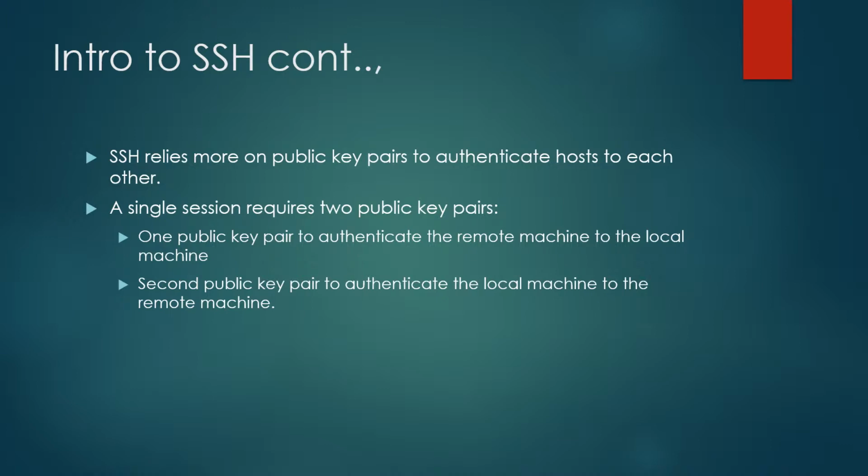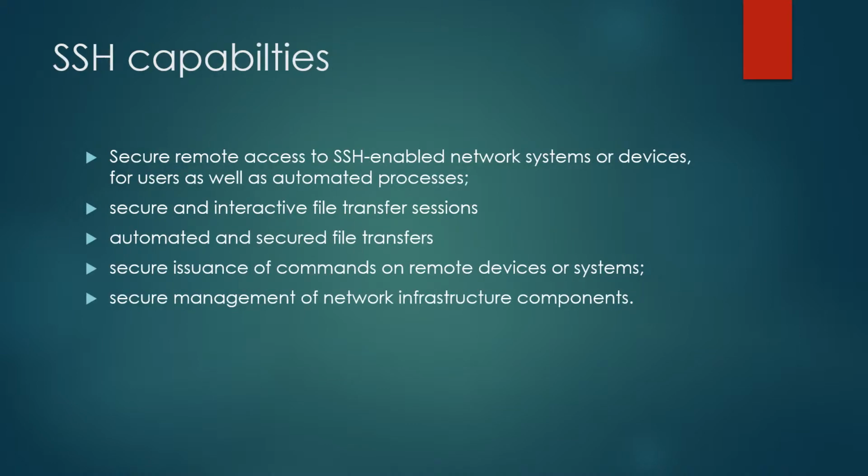SSH connections have been used to secure many different types of communications between a local machine and a remote host, including secure remote access to resources, remote execution of commands, delivery of software patches and updates, and other administrative or management tasks.